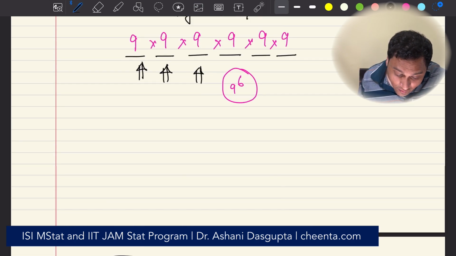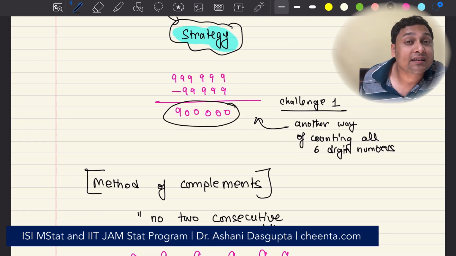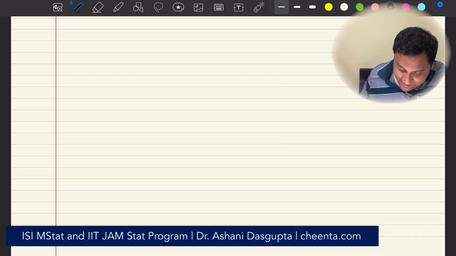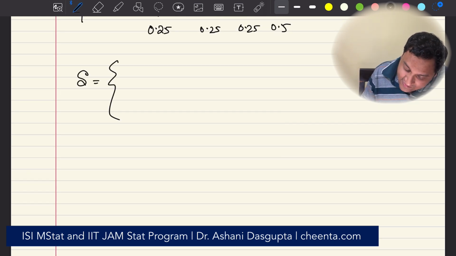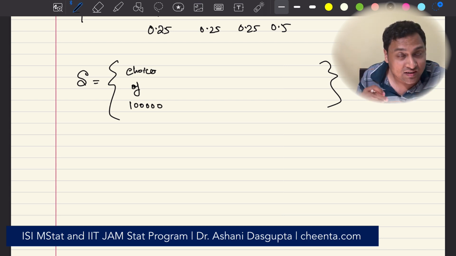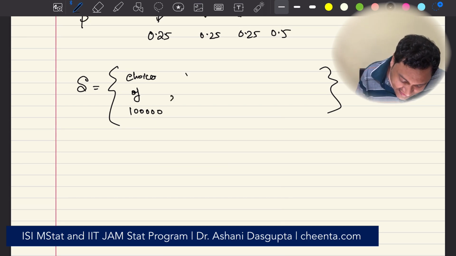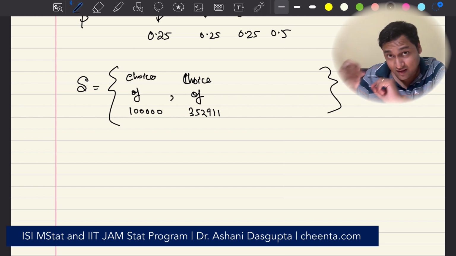So in the case of this particular problem, you have 900,000 numbers. Your set S contains the choice of 100,000, that's a 6-digit number. Your set contains the choice of 352911, that's another choice, right?